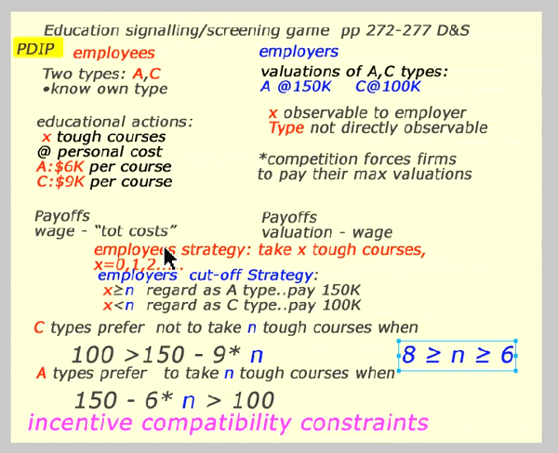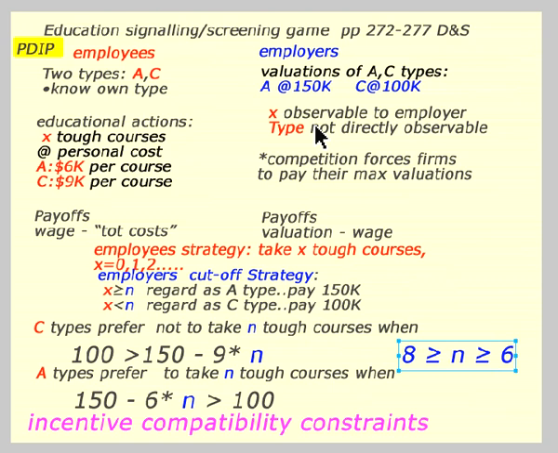One will take the courses, the other won't. They reveal their types, and so the employer's beliefs will be confirmed. They'll find that, oh, gee, if I offer this kind of wage, I do get an able type, and if I offer that kind of wage, I'm going to get a challenge type. So an educational screen can separate out the market, just like in the warranties case, where the warranty signal was able to screen out the market.